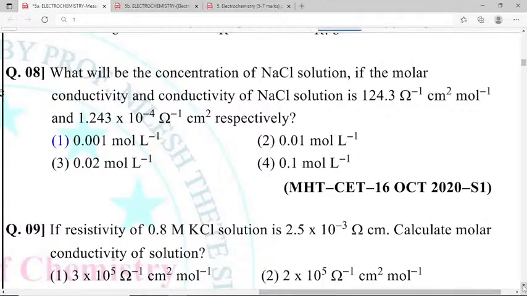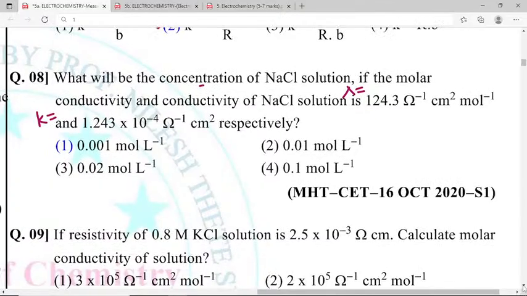What will be the concentration of NaCl solution if the molar conductivity and conductivity of the NaCl solution are given? So for concentration, we have the conductivity K and the molar conductivity lambda, and C we have to calculate.